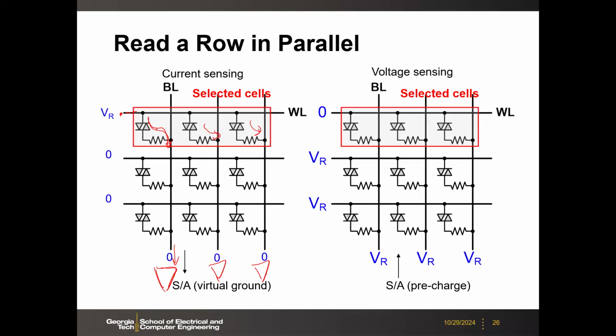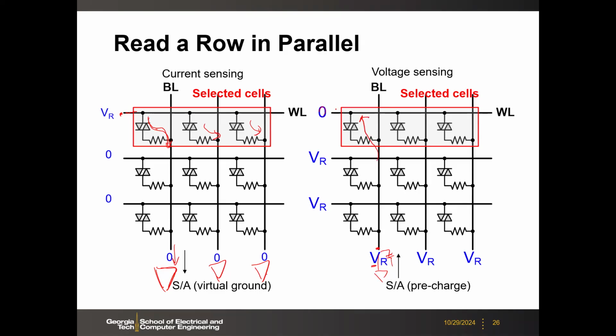Or you can do the voltage sensing. In the voltage sensing, what you can do is pre-charge, if you recall, like SRAM, DRAM, it's all voltage sensing. You pre-charge the bit line to VR. That means there is some preset cap around the bit line. Then the read voltage will decay.